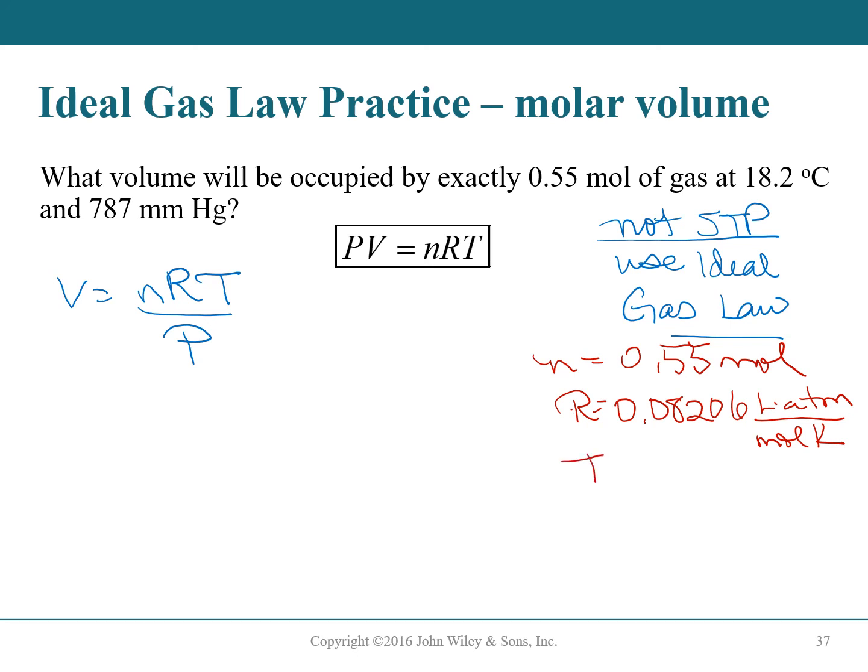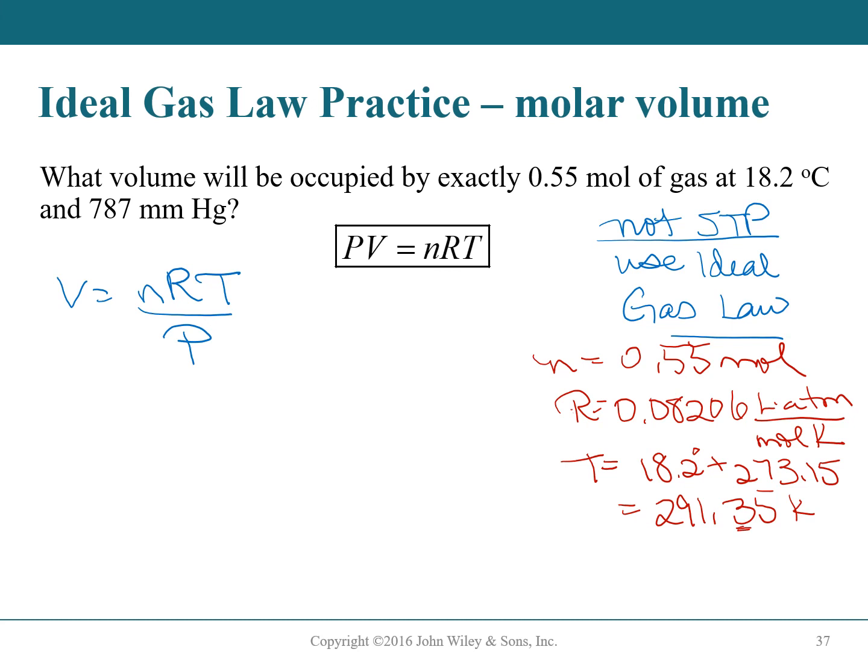T is 18.2 degrees Celsius plus 273.15 to convert it to Kelvin. So we end up with 291.35, and if we remember, we're going to go to the least precise value, so we're going to stop at the 3.